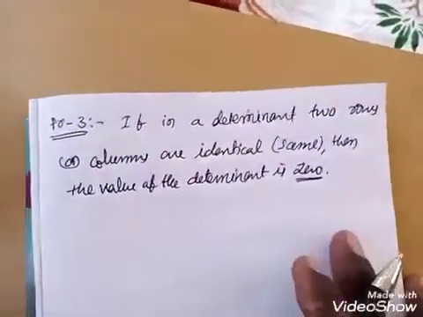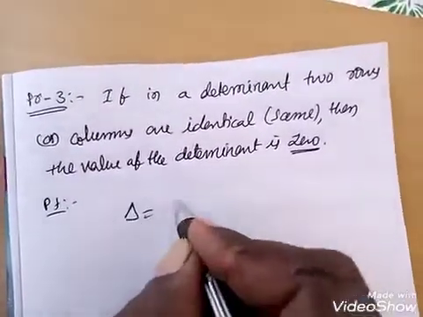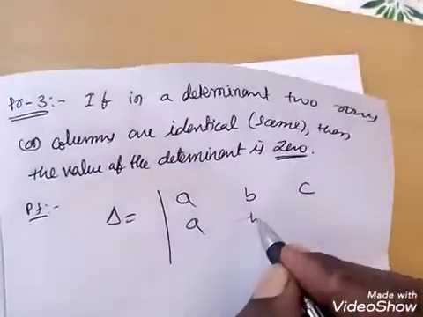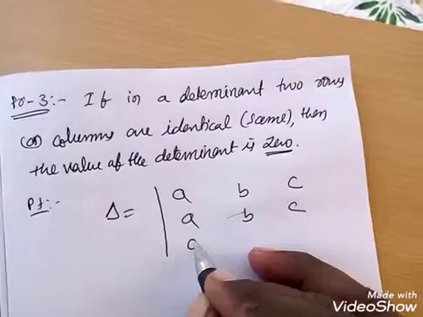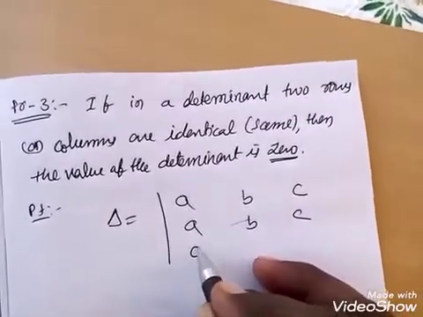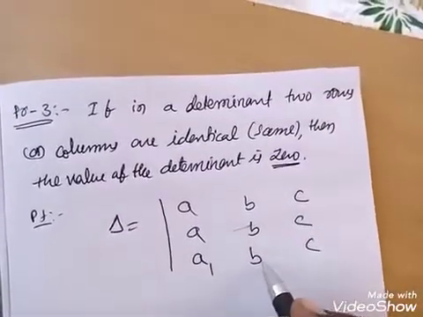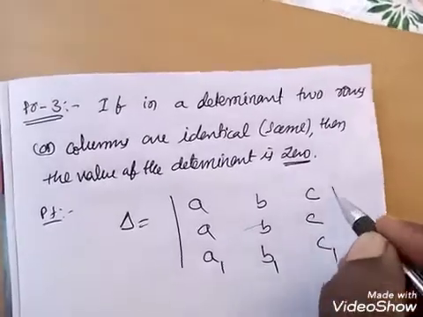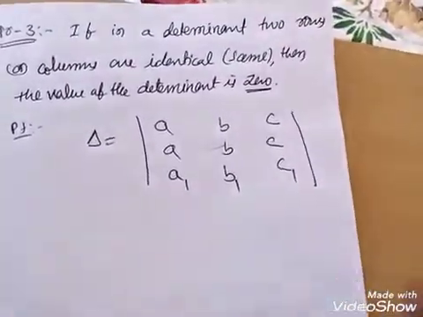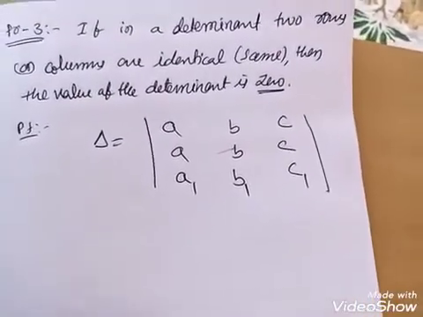Now for the proof, observe, here I have taken delta is equal to a b c, a b c, and here 1 1 1. That means two rows are identical, R1 and R2 are identical.